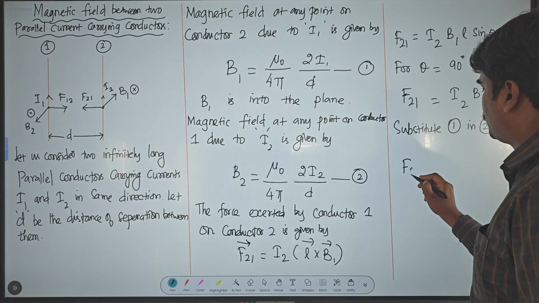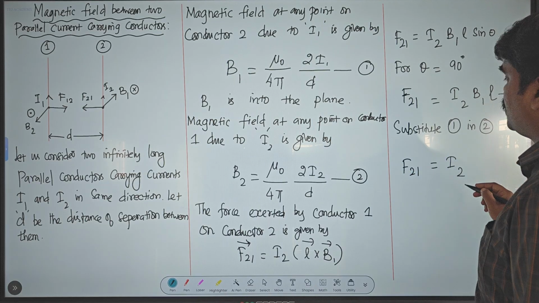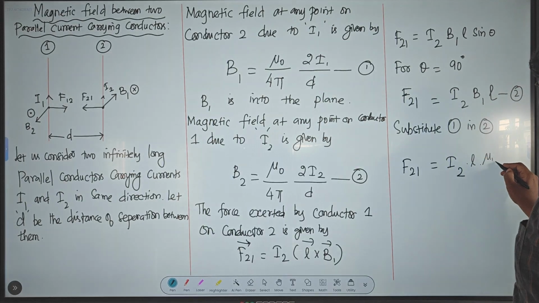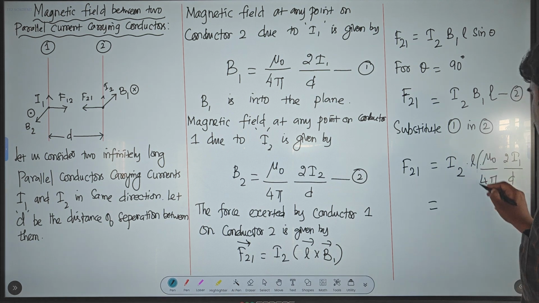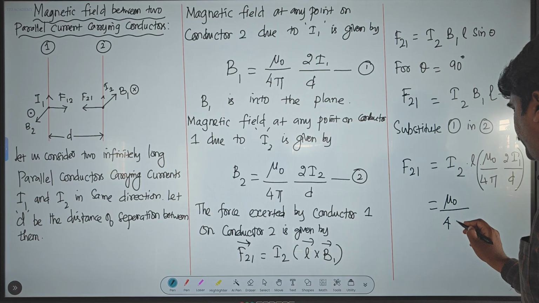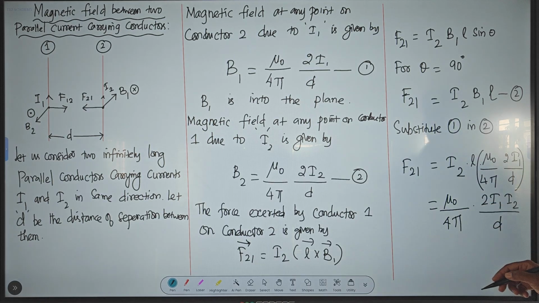So that becomes F21 equals I2 times L. B1 I'll substitute now, that is mu naught by 4 pi into 2 I1 by D. So if I rearrange this and write, this is the substituted one, so I put it in brackets, mu naught by 4 pi into 2 times I1 I2 by D. Usually when rearranging we write the constants first.